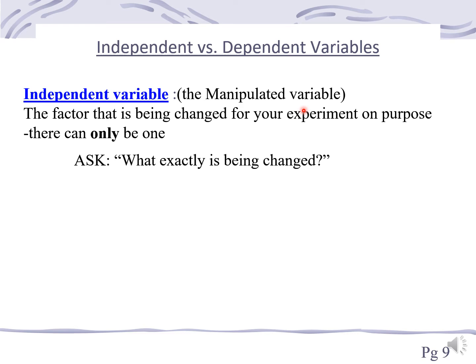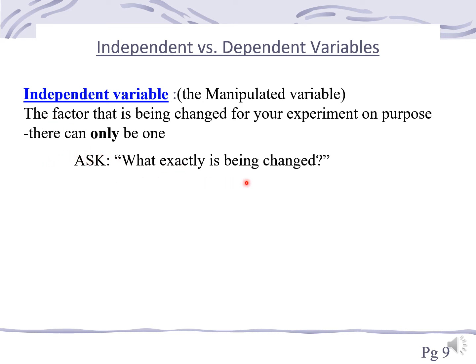For instance, if you're doing an experiment on music and your independent variable is volume, you might have several trials where you have the volume at really low, and then medium, and then really high. So you can change it more than once, but you shouldn't change anything besides the independent variable. So in that example, you shouldn't change anything besides the volume. That would be the only thing you change in the entire experiment.